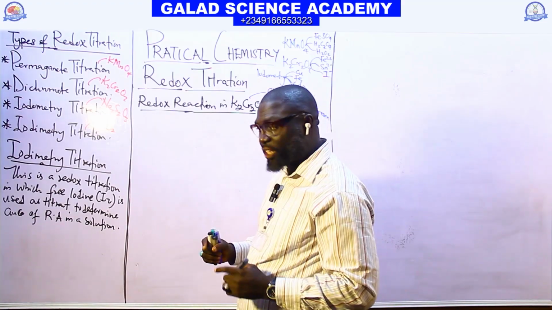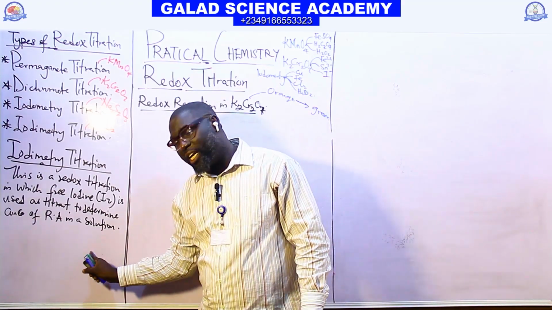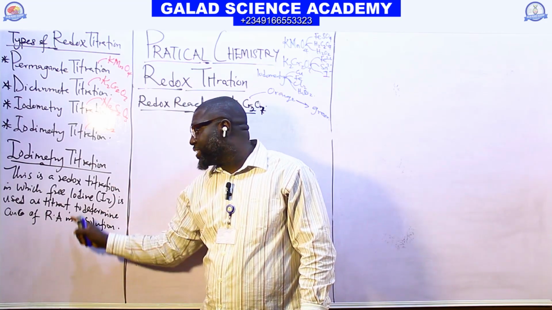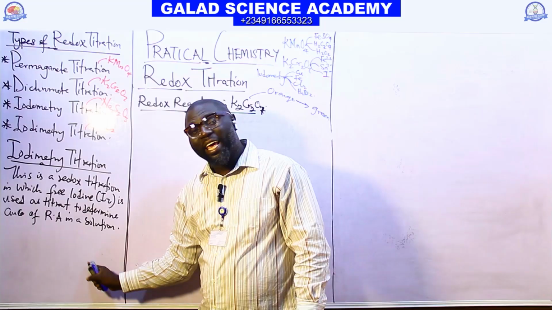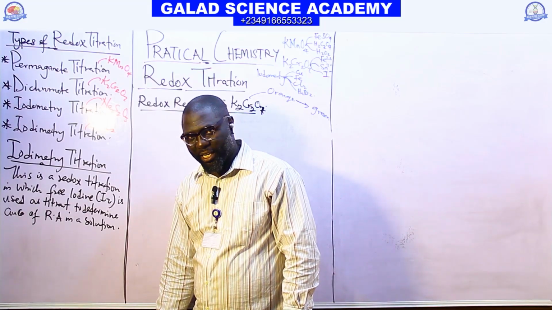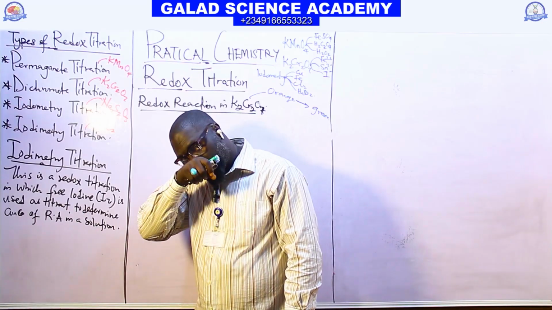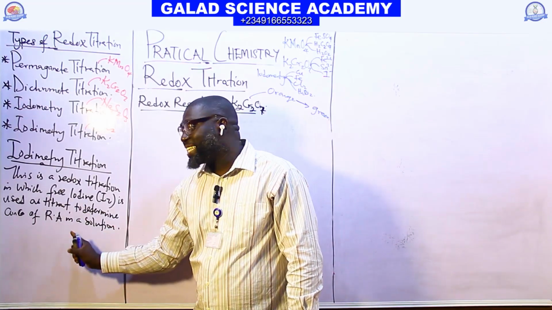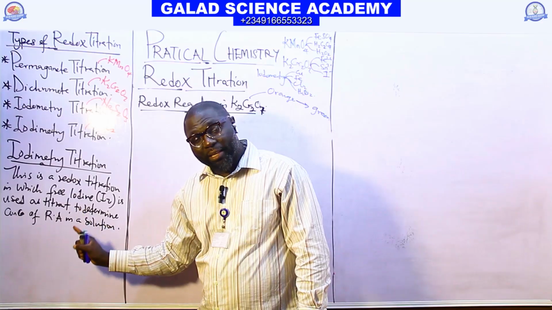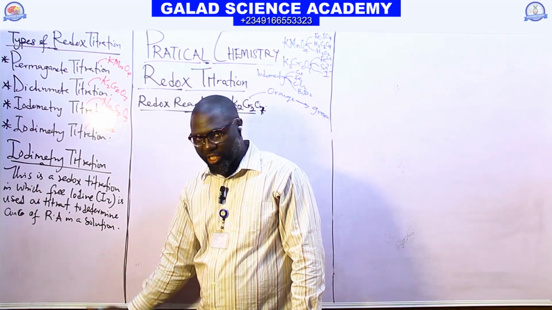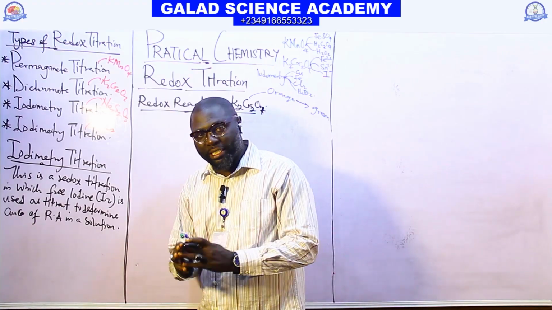This method of titration involves the direct titration of iodine against reducing agents. It involves direct titration between iodine and reducing agents. There is no intermediate.